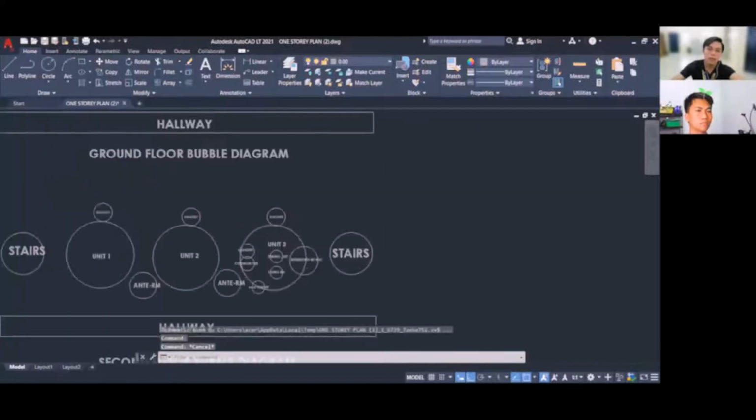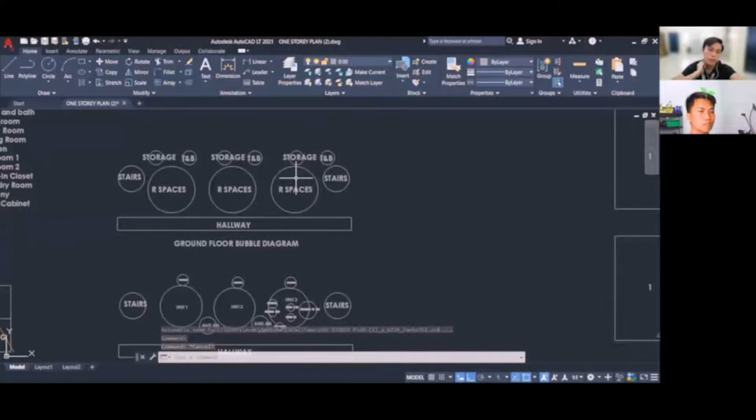Kasi kapag nilagay mo siya sa commercial or rentable spaces, mawawala yung function na you are purposely using that space for commercial. Parang ginagawa mong private yung magiging passageway from a commercial space, which is ironically speaking kinokontradict mo yung purpose. Bakit siya isang commercial space?